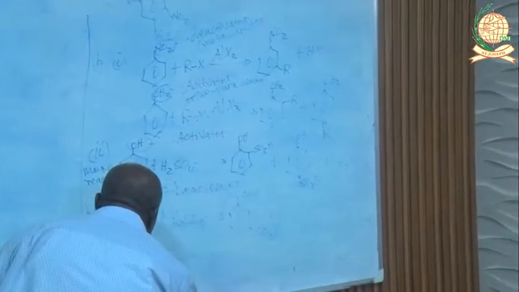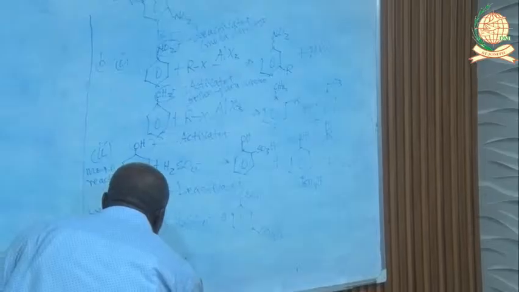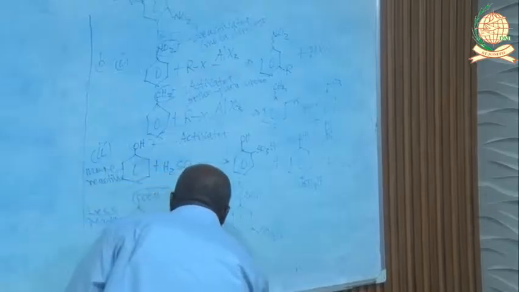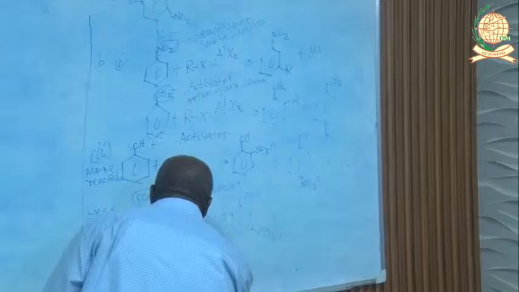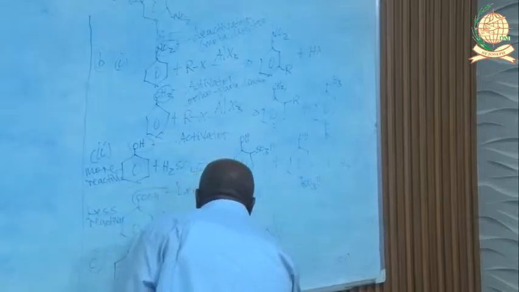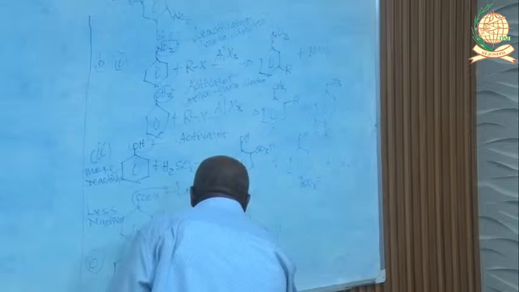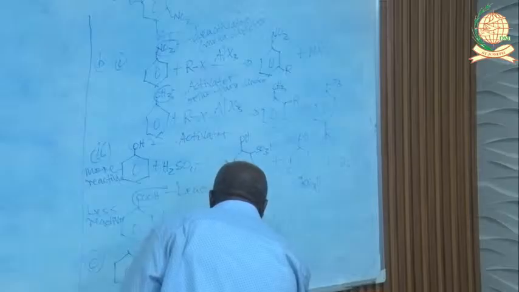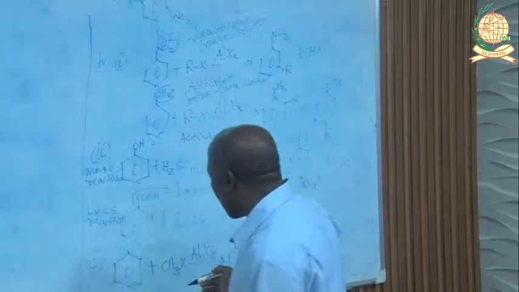So we take methyl halide in the presence of aluminum halide, then we get methyl benzene or toluene, C6H5CH3, plus hydrogen halide.